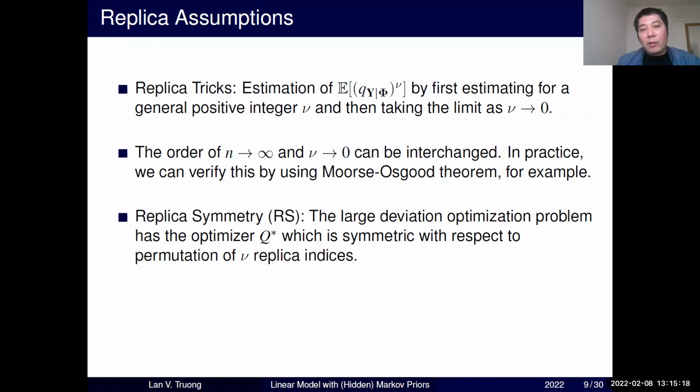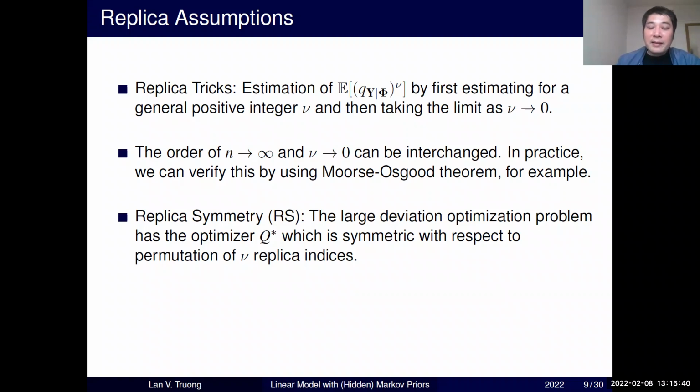It means that we use many copies of a random variable. In the replica method, they assume that the optimizer of this optimization problem is symmetric with respect to permutation of the replica indices.